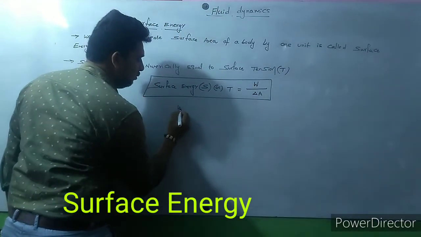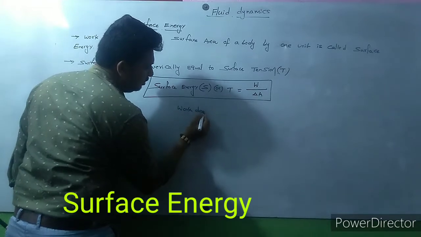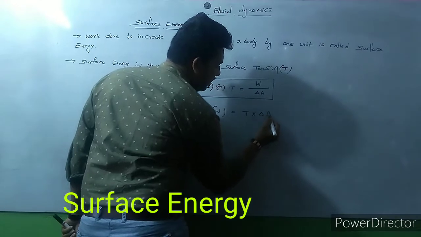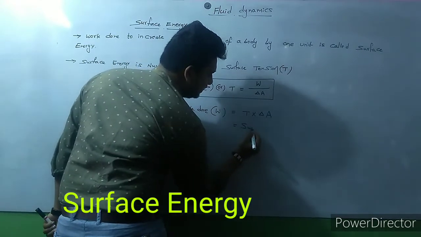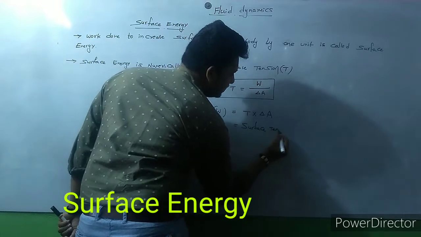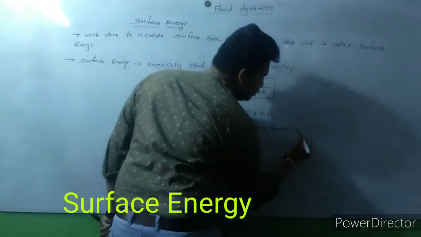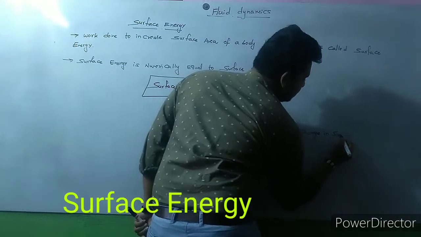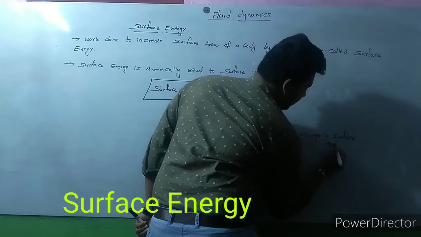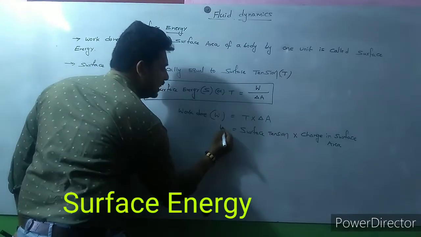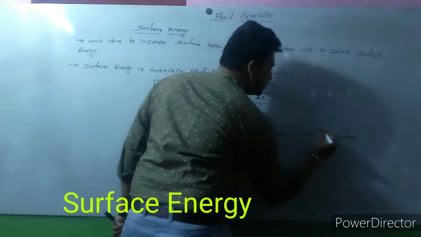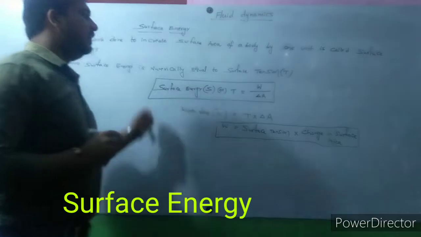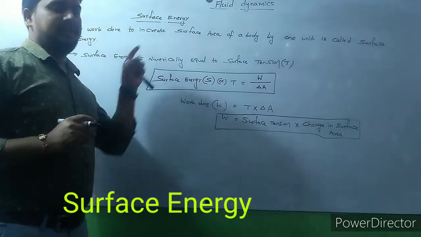That means work done W is equal to T into delta A. T means surface tension, and delta A means change in surface area. So work done W is equal to surface tension into change in surface area. This is the definition and formula of surface energy.